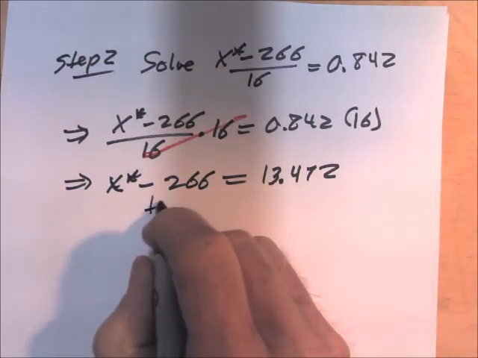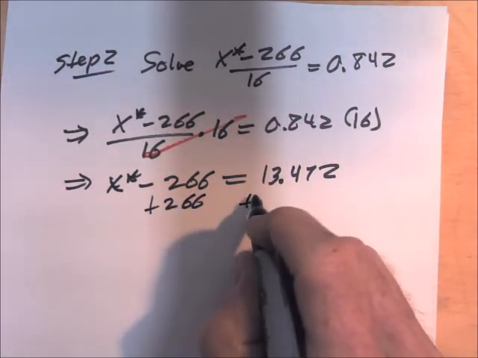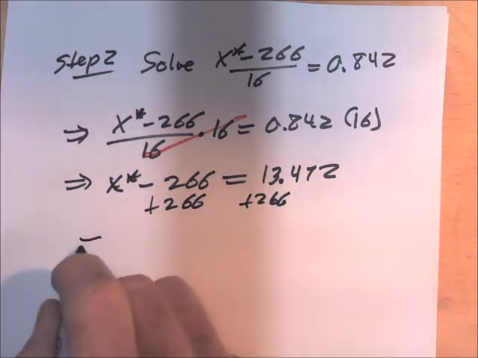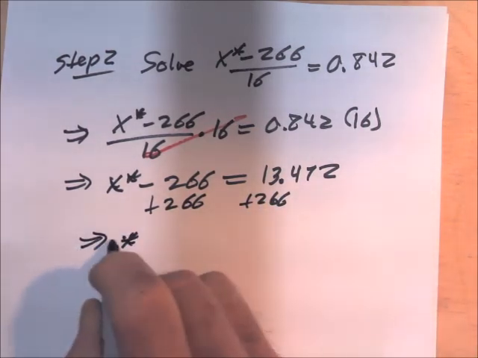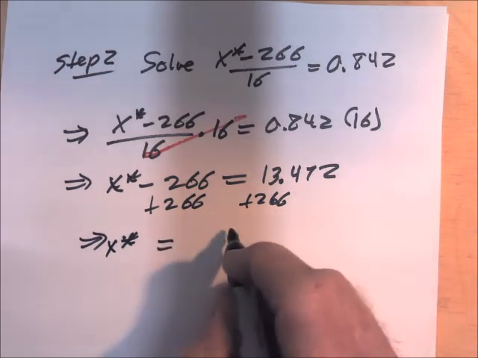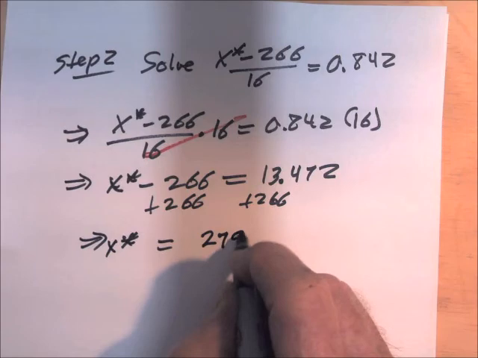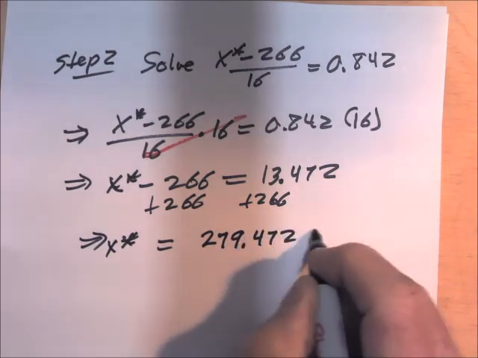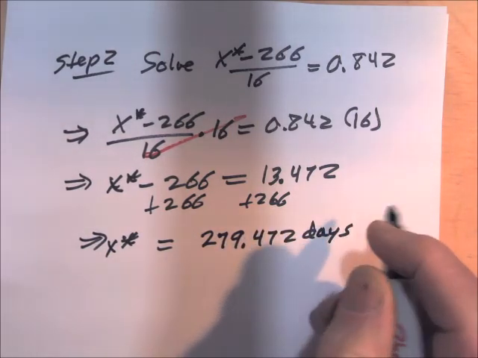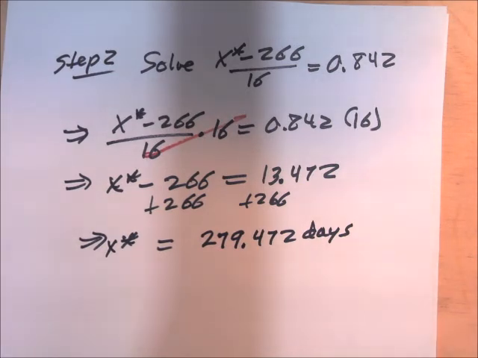And then we want to add 266 to both sides to get x star is equal to 279.472 days.